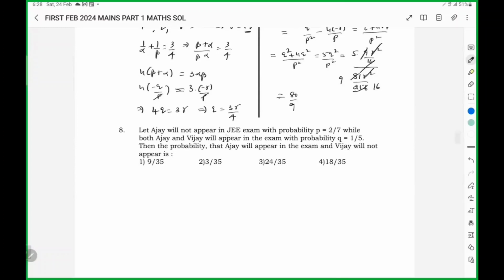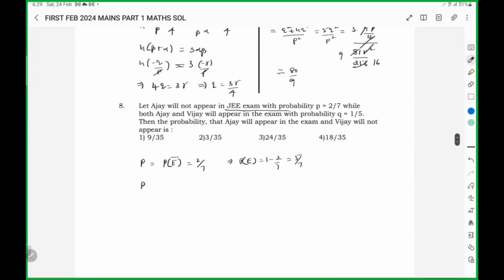The probability that Ajay will not appear in the JEE exam is 2 by 7. Ajay will appear in the exam is 5 by 7. Ajay and Vijay both appearing in the exam is 1 by 5. Then the question is the probability that Ajay will appear and Vijay will not appear.